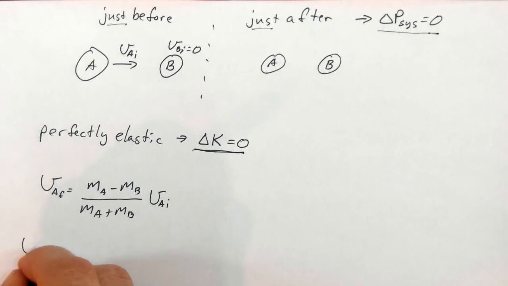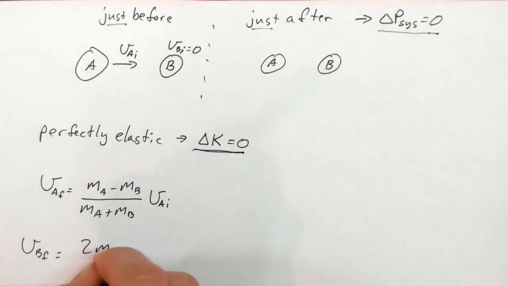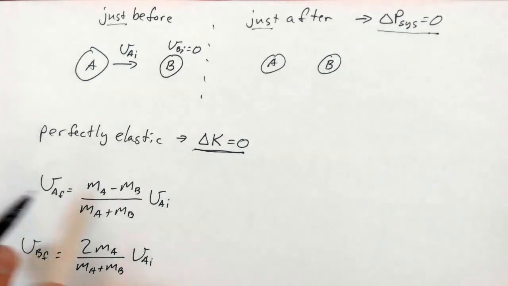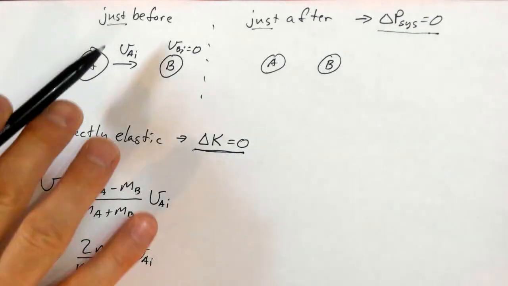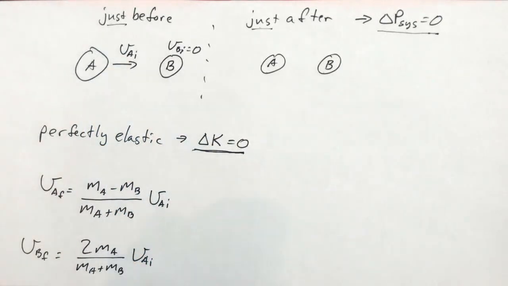And you get V_B final is equal to 2 M_A over (M_A plus M_B) times V_A initial. So they're both a function of the initial velocity of A, because that's the only velocity there is to start with, and then a function of their masses. Again, the derivation of these are in the text. I want to focus on 3 specific cases.